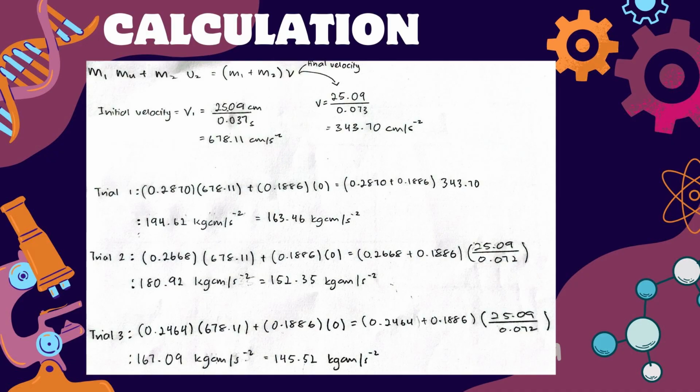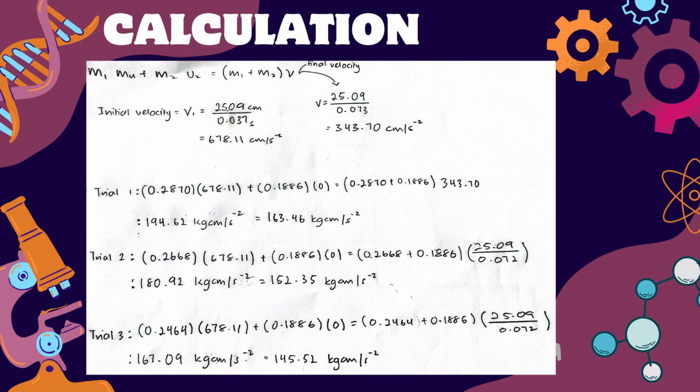For the first trial, the amount we get is 194.62 kilogram centimeter per second, and the final is 163.46 kilogram centimeter per second. For trial number 2, the amount we get is 180.92 kilogram centimeter per second, and the final equals 152.35 kilogram centimeter per second.